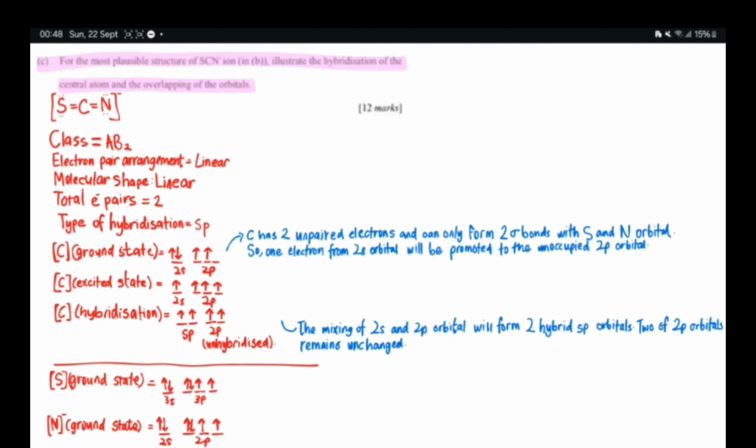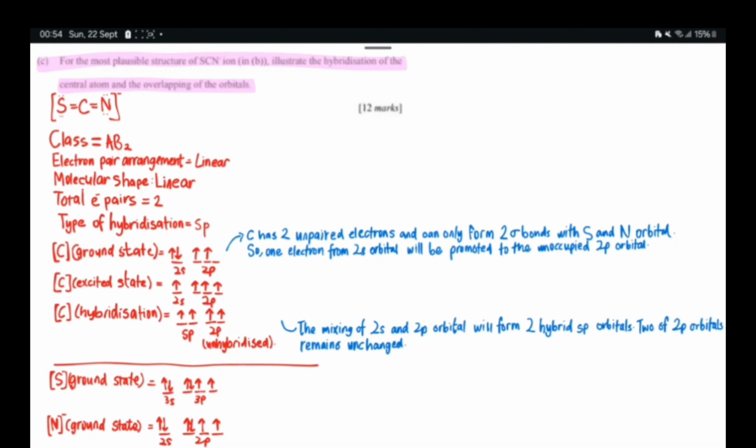Therefore, the electron pair arrangement and the molecular shape would be linear. This is very important because we can use it to determine the shape of our hybridization later on, which would be linear. And then the total electron pairs is 2. Therefore, our type of hybridization would be sp.